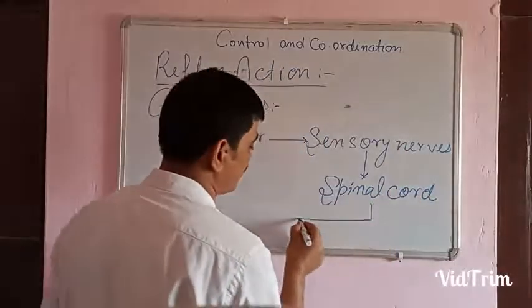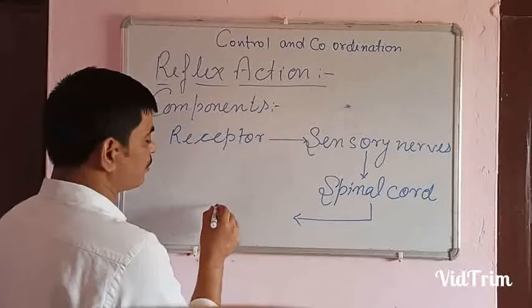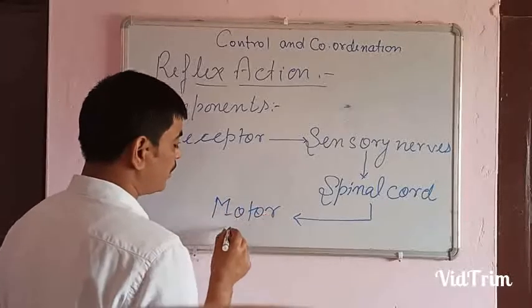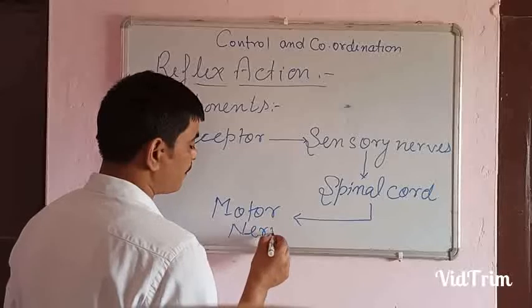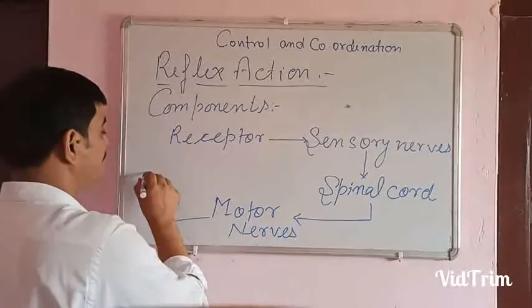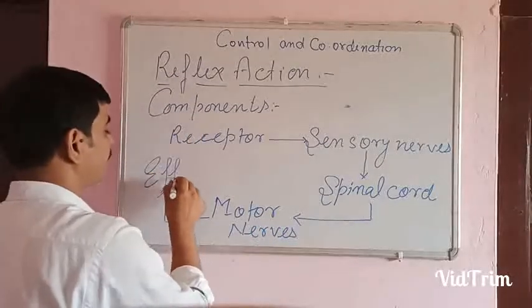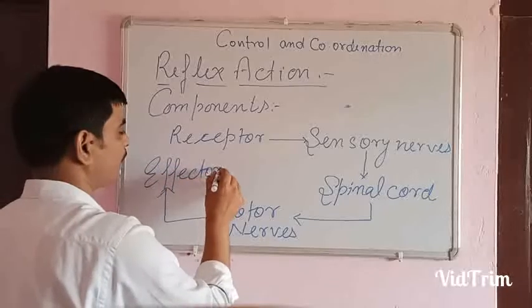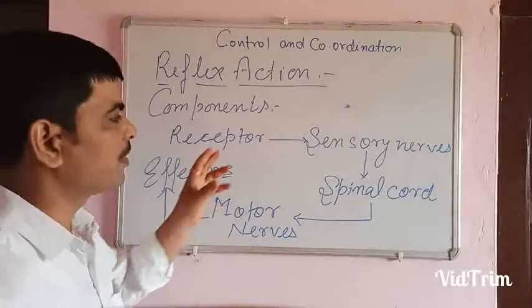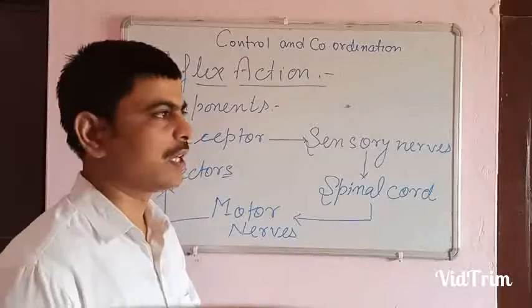From the spinal cord it goes to motor nerves, and from motor nerves it goes to effectors. This is the mechanism of how reflex action occurs.